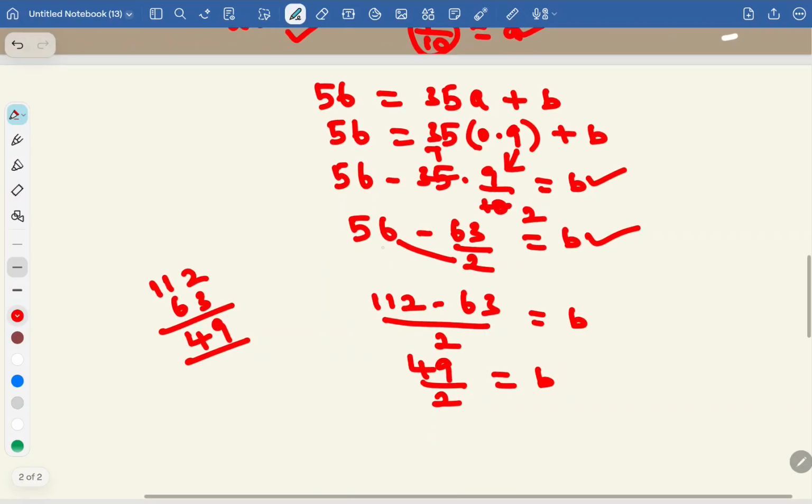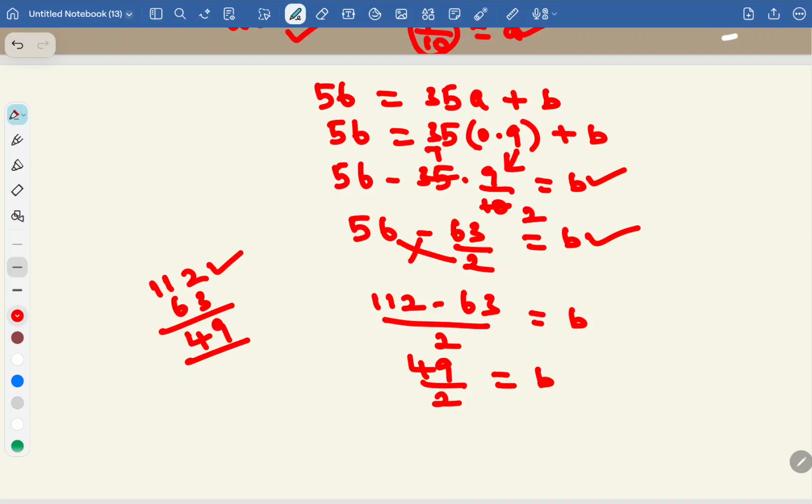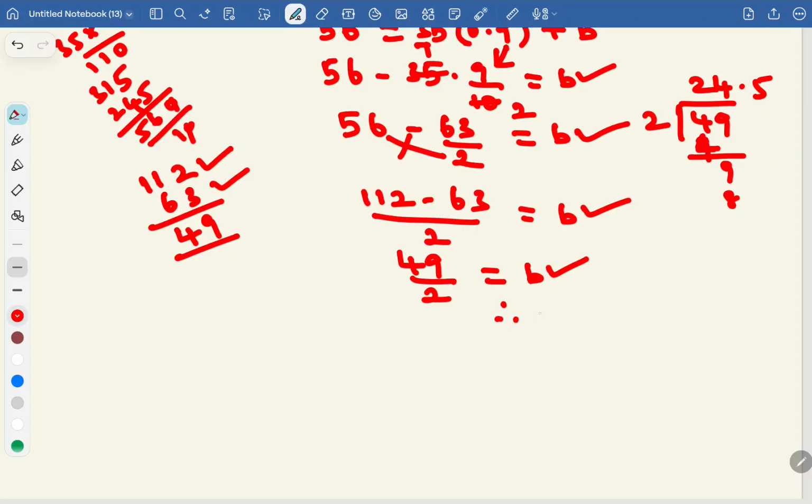Cross multiplying, 56 into 2 is 112, 112 minus 63 by 2 is equivalent to b. 49 by 2 is equivalent to b. Therefore, b equal to 24.5.